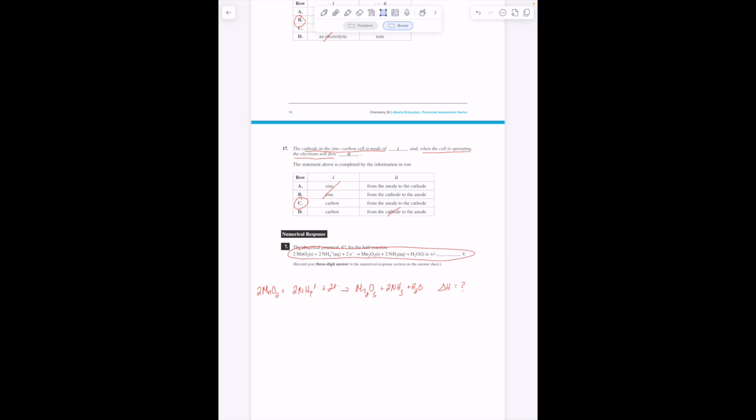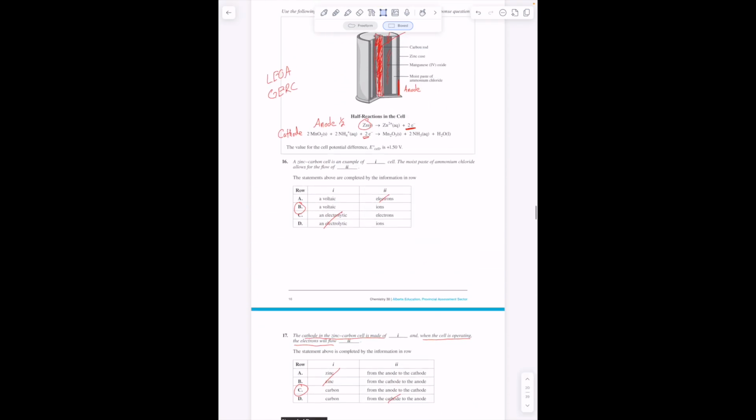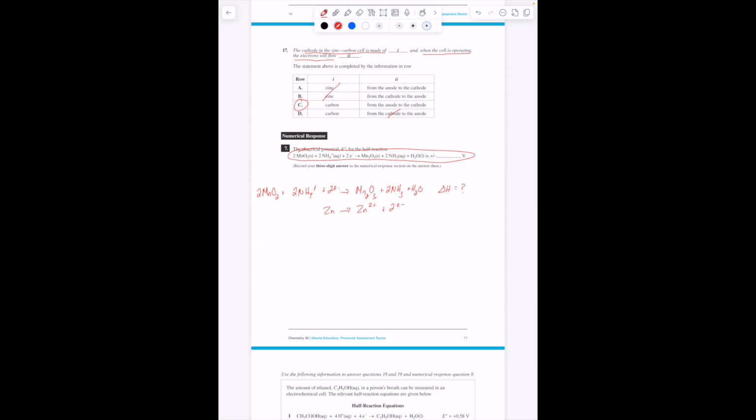And then I know my other reaction is the zinc reaction, and I know that voltage. That voltage is... Oh, I put delta H. Oh, my goodness. The E0 net, or the voltage, equals, I don't know.